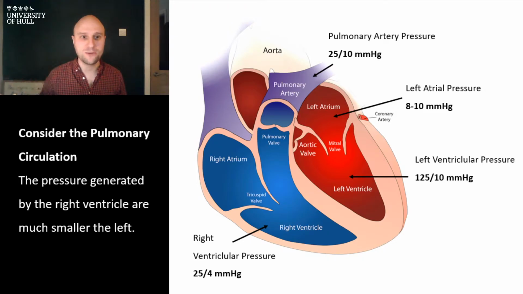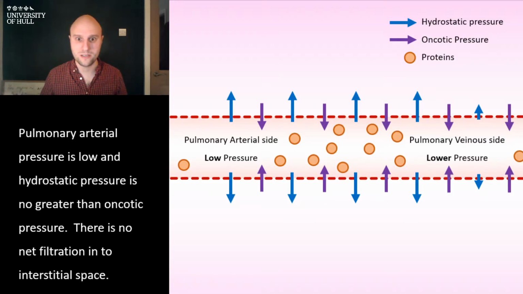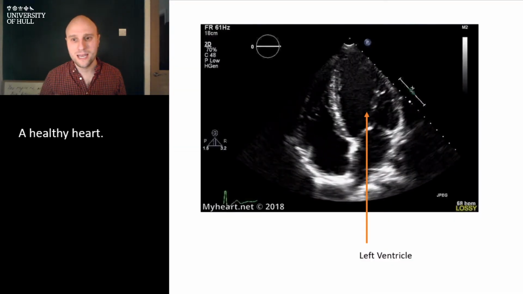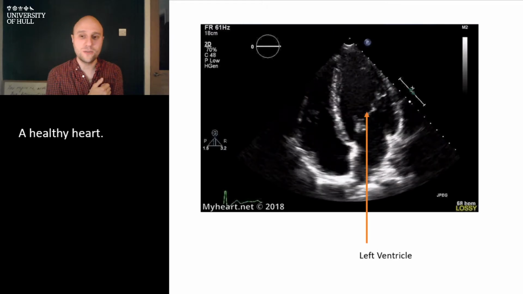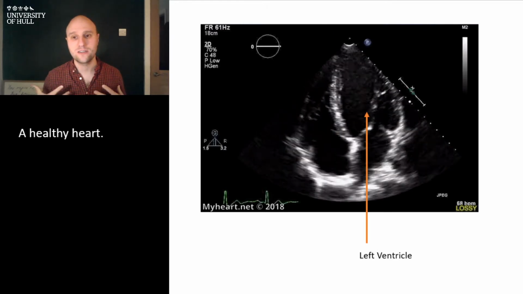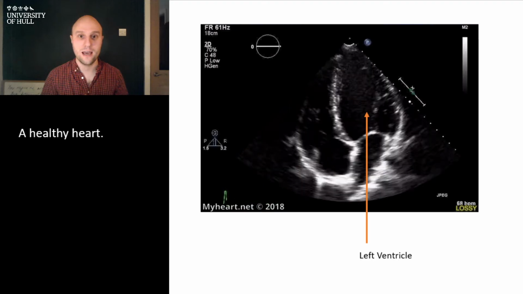Essentially, the pressures within the vessels within the lungs are much smaller than the hydrostatic pressure within the systemic circulation. We can see that we've drawn the blue hydrostatic pressure arrows a lot smaller for our diagram looking at the pulmonary circulation.